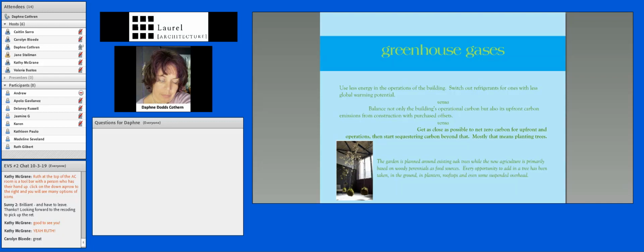So when we're getting into greenhouse gases, one of the things that I thought is interesting about certifying to a standard is that if you know that somebody is going to be looking over your shoulder at what you use to make your building and making you buy offsets for that, you're going to be a little bit more on your toes, no matter how motivated you were to begin with. So my strategies in this case have been the obvious ones of reducing the overall materials used and choosing lower carbon options.